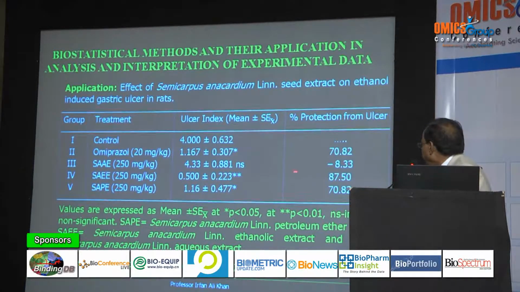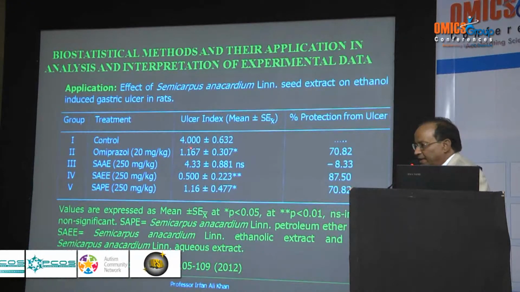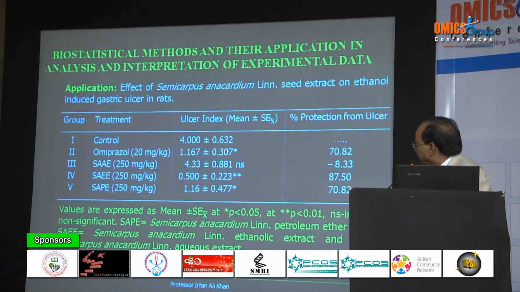In the same way, the percentage protection from ulcer is also not there. Here in this case, we have the mean values more or less the same, where we are getting percentage protection from ulcer 78 to 71%, here also 71%, whereas the highest protection we got here with the highest significance level, in this case, is 87%.